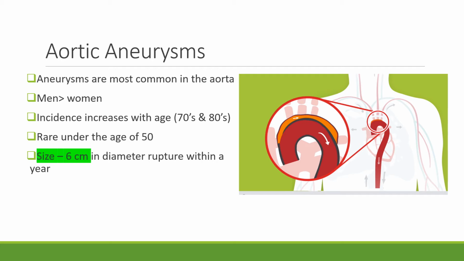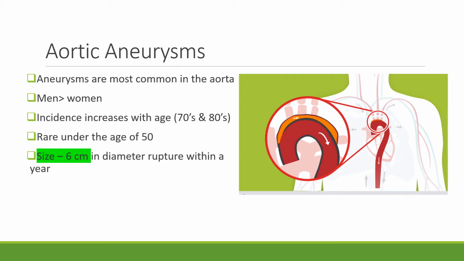Aortic aneurysms may involve the aortic arch and thoracic and/or abdominal aorta. The main goal of interprofessional care is to prevent the rupture of an aneurysm. So early detection and prompt treatment are essential.